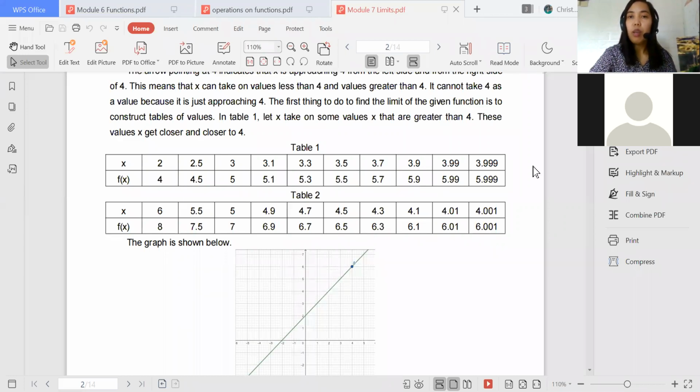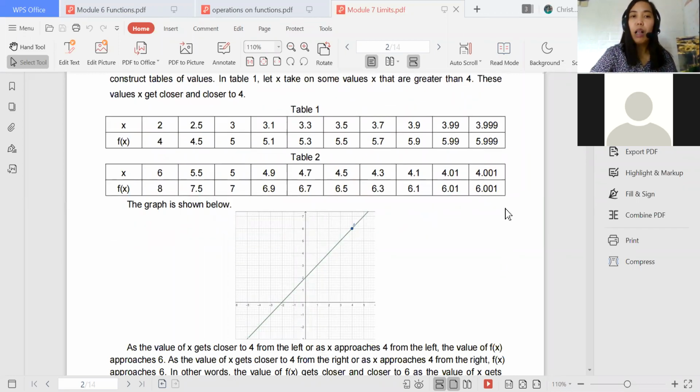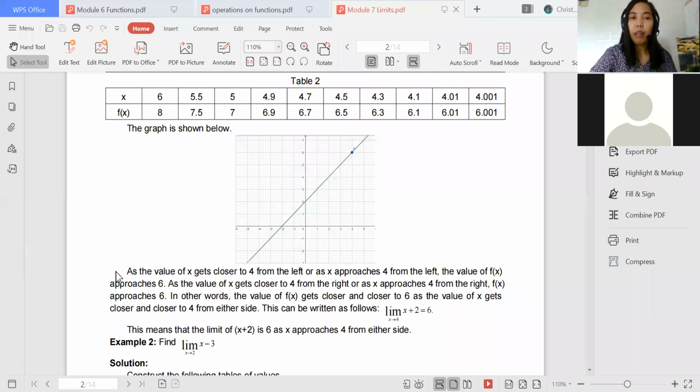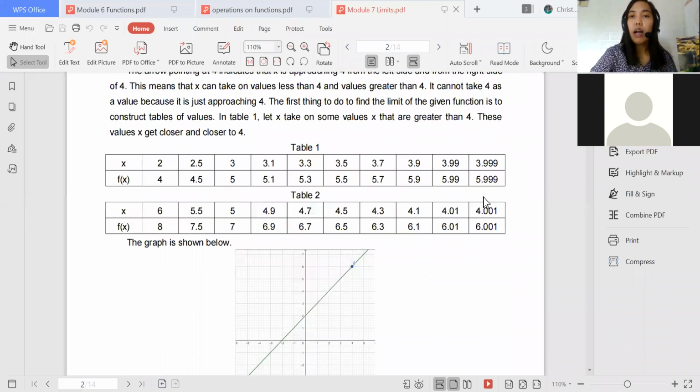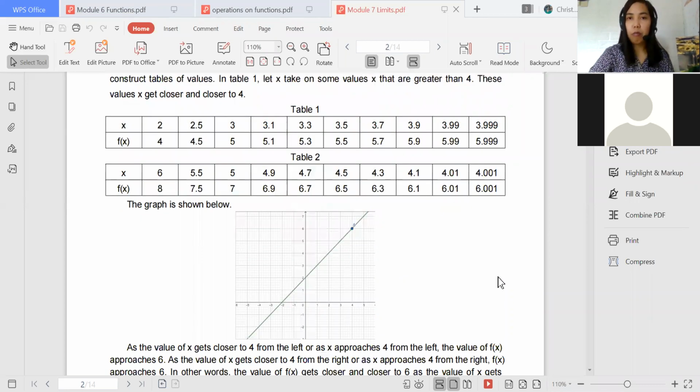Okay? So when we notice the two tables, yung value ni y ay saan lumalapit? As the value of x gets closer to 4 from the left, or as x approaches 4 from the left, the value of f of x approaches 6. Okay? Pareho silang papalapit kay 6 habang lumalapit kay 4.